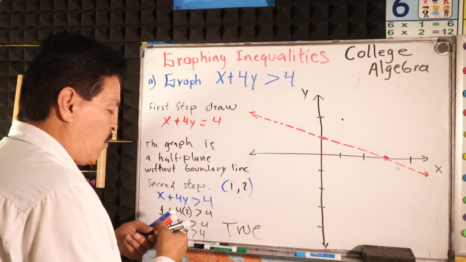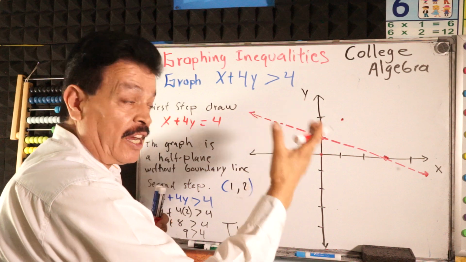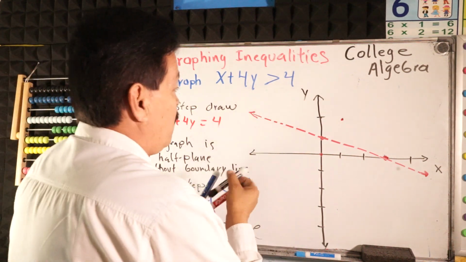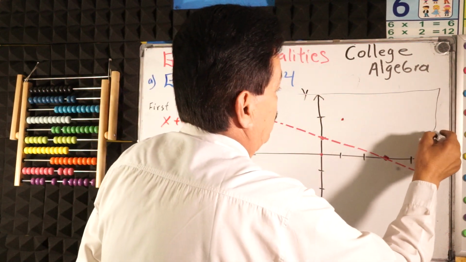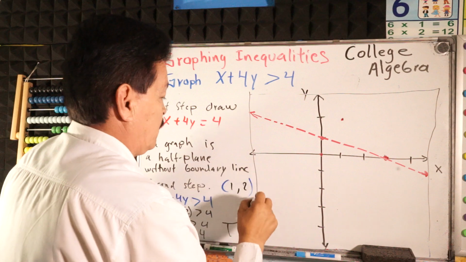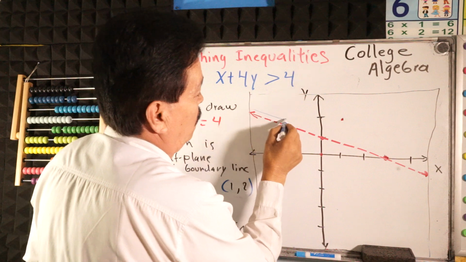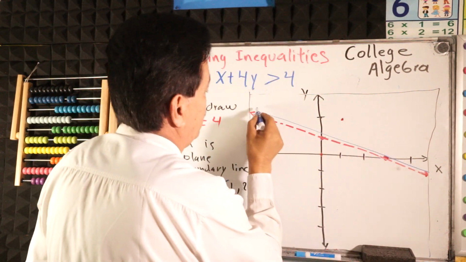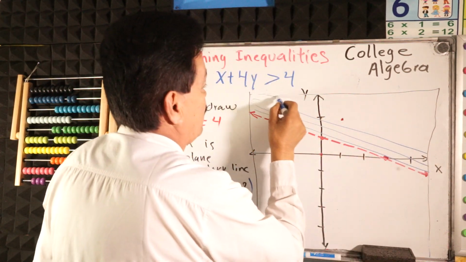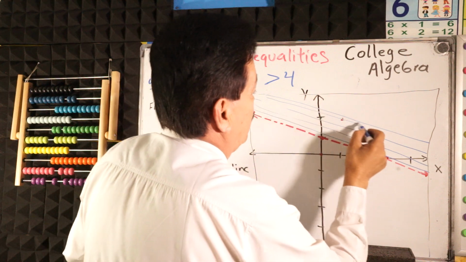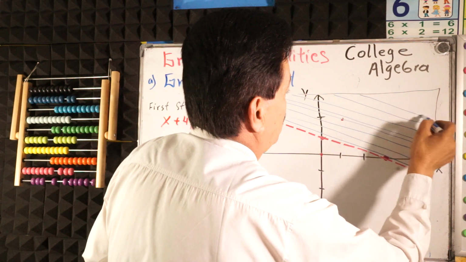So this means this point is inside the dashed area. And therefore we have the dashed area like this. All this area is a half of a plane that we have to dash.